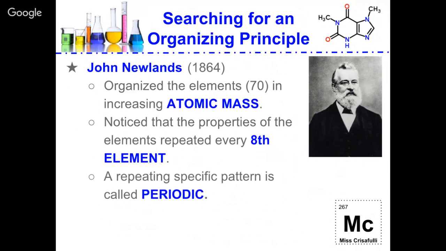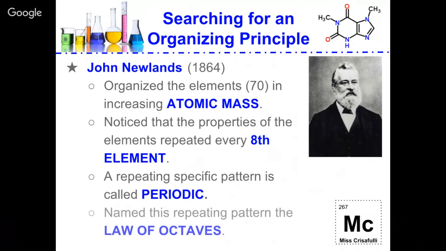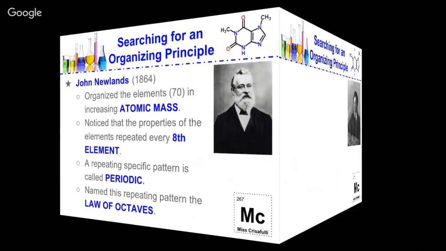And by definition, a repeating specific pattern is called periodic. So his repeating of the properties of every 8 elements was known as the law of octaves. Octa stands for 8. And so that's where he came up with his repeating pattern, every 8 elements.